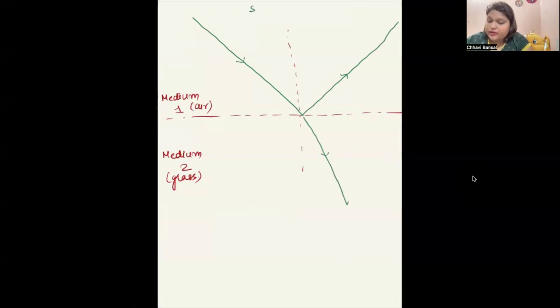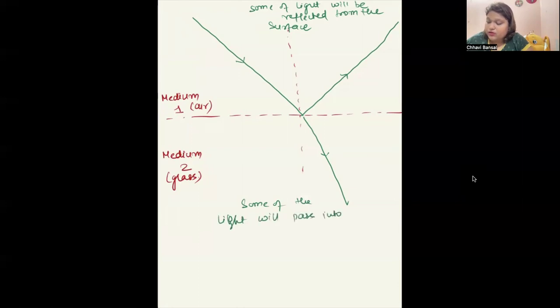Some of the light will be reflected from the surface, whereas some of the light will pass into the other medium.